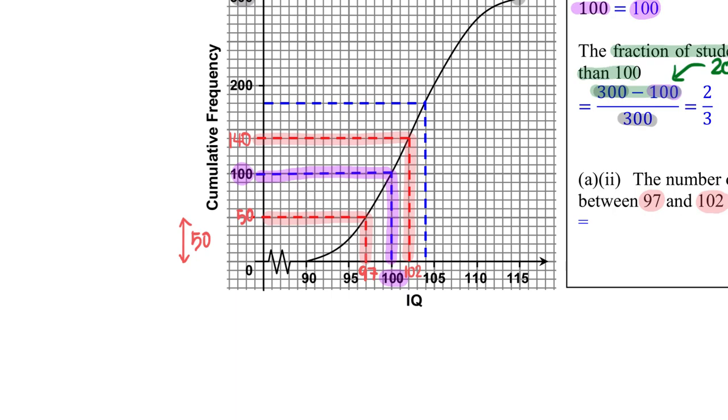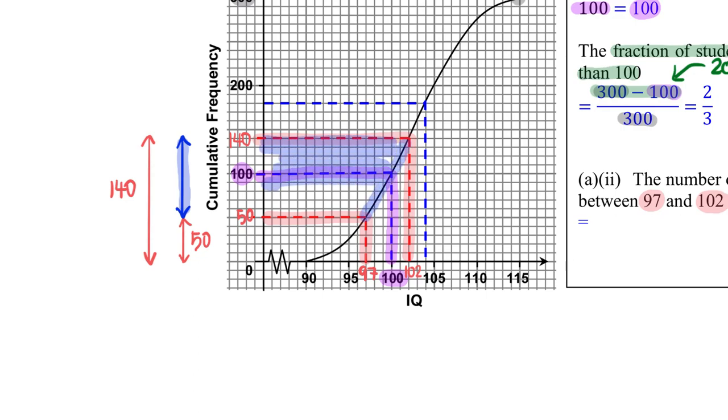There is also 140 students with IQ less than 102. So in between, where could the answer be? Yes, this will be the number of students whose IQ is between 97 and 102, which is here.